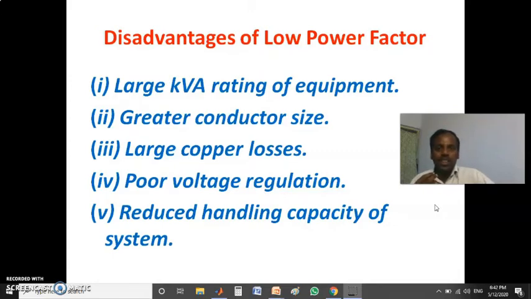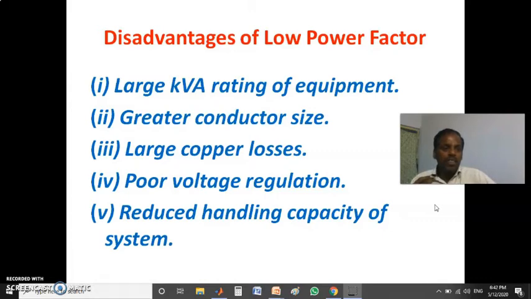First one, large kVA rating of equipment. It means active power is equal, but if there is a low power factor, the kVA is larger. kVA is the unit of apparent power. kW, kilowatts, is the unit of active power, and kVAR, kVA suffixed by R, is the unit for reactive power.